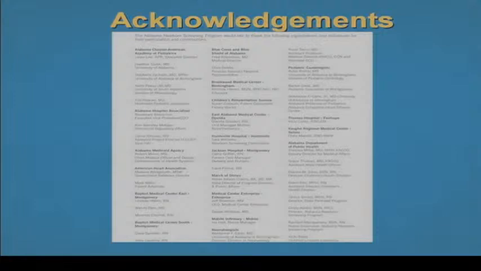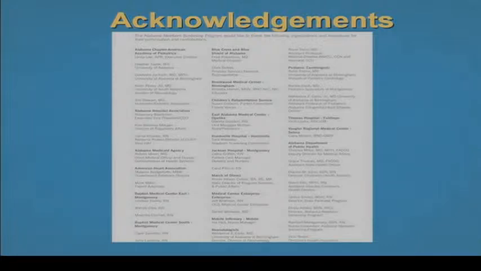In 2011, the Alabama Department of Public Health gathered a work group of various organizations across the state. Individuals from these organizations contributed to developing the screening algorithm. This slide acknowledges those individuals who participated and contributed to developing screening criteria for Alabama birthing hospitals.